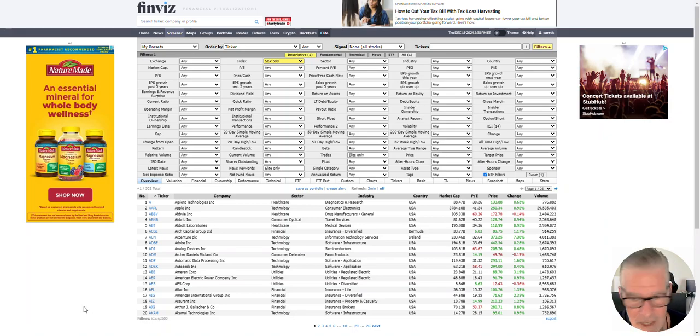This list will change from day to day, so it's interesting if you run this scan every day, you're going to see some patterns. You're going to see some of the same stocks showing up day after day. When you see a new stock showing up, that could be a new leader. So you want to pay attention to that.